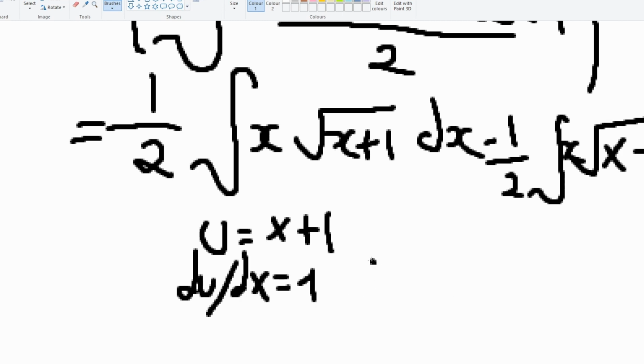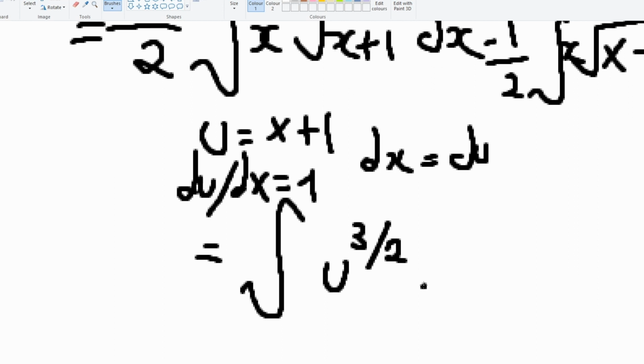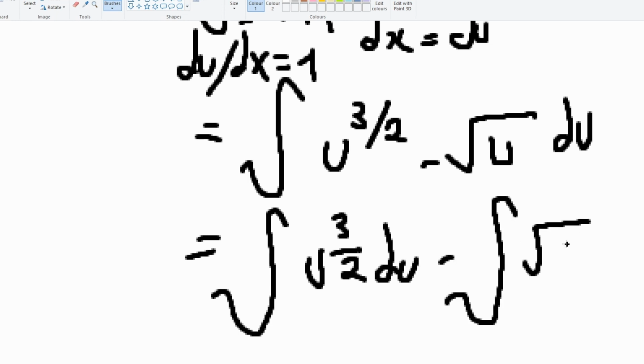And that means that dx is equal to du, which is then going to give us the integral of u to the power of 3 over 2 minus square root of u du. So now we'll get the integral of u to the power of 3 over 2 with respect to u minus the integral of square root of u du.